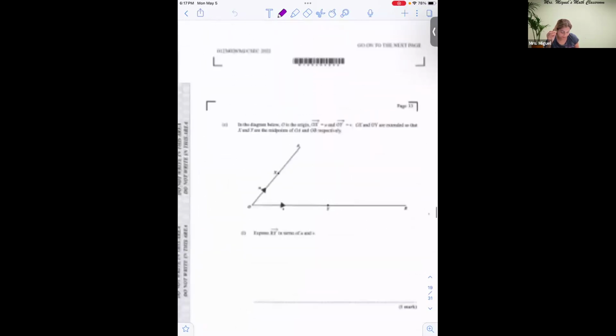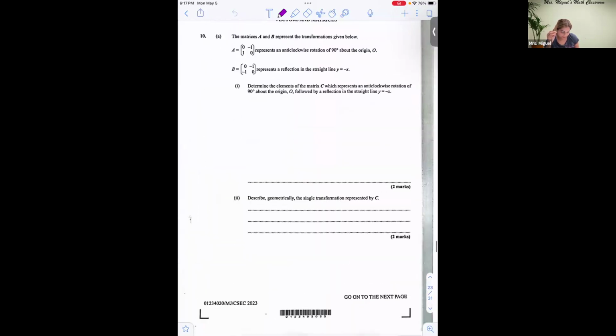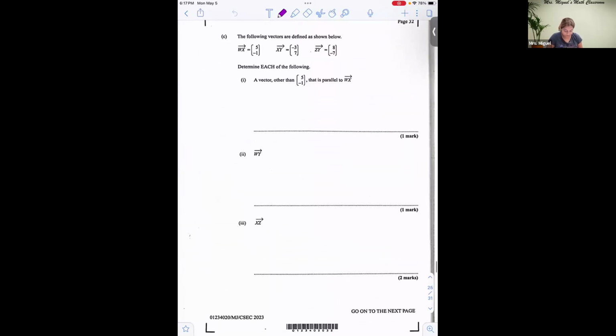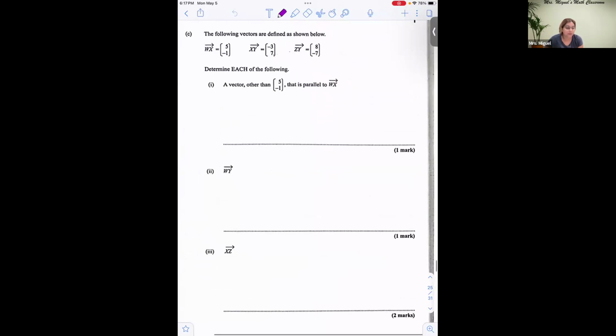Now, we're going to start off with this question. So this is the May-June 2023. And the following vectors are defined by, so they give us Wx, Xy, and Zy. They are asking for a vector other than 5, -1 that is parallel. So remember, I told you for two vectors to be parallel, they must have a commonality.